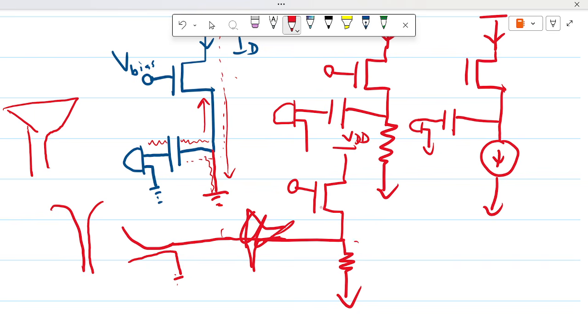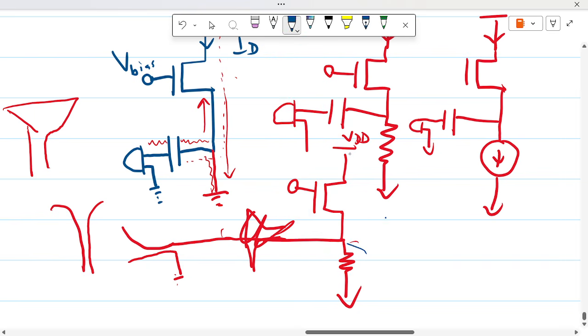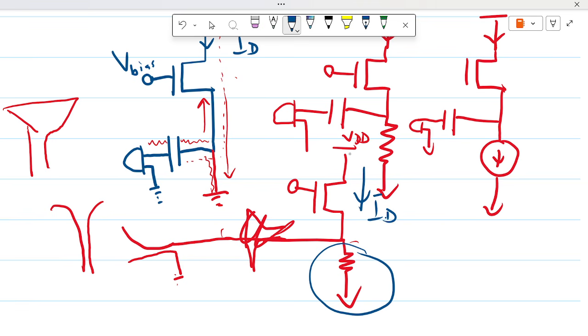So without this part of the circuit, there will be no path for the bias ID current to flow to the ground. Or you could also use a current source which would bias the transistor.